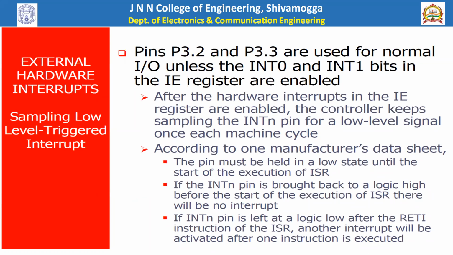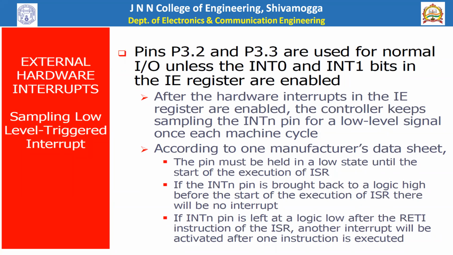That's all. After the hardware interrupts in the IE register are enabled, the controller keeps sampling the interrupt pin for a low level signal once each machine cycle. That is, after each machine cycle, the microcontroller checks the interrupt pin, INT0 or INT1. If there is a low signal, it understands that there is an interrupt.